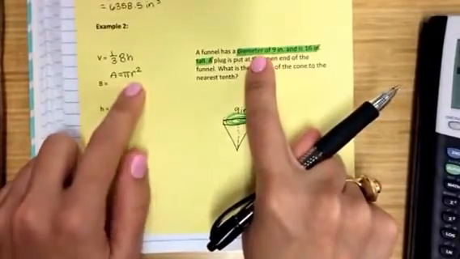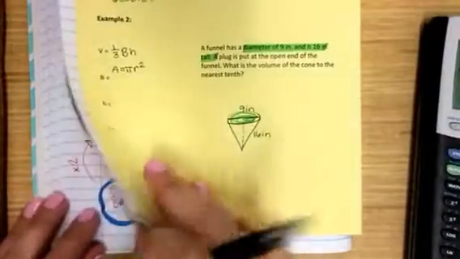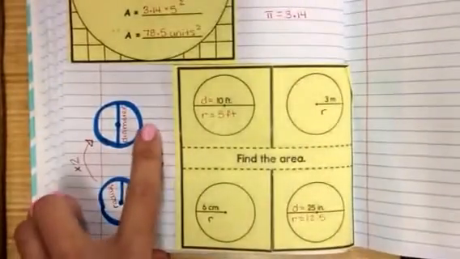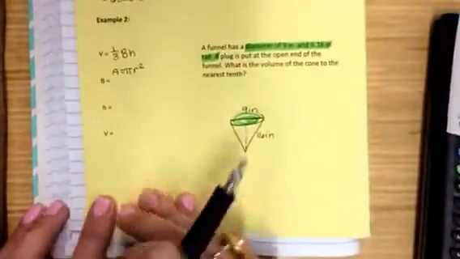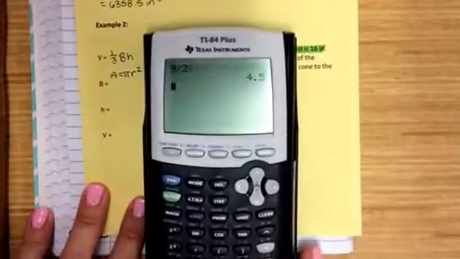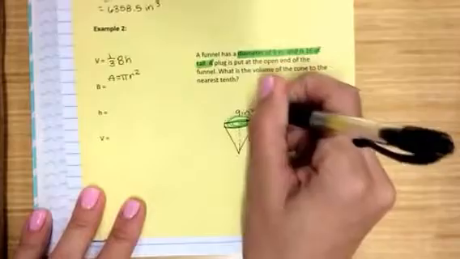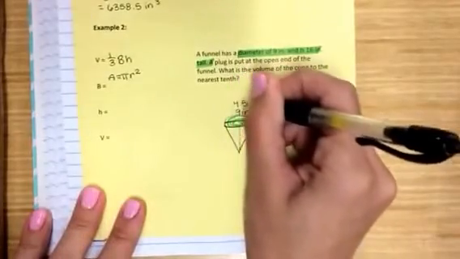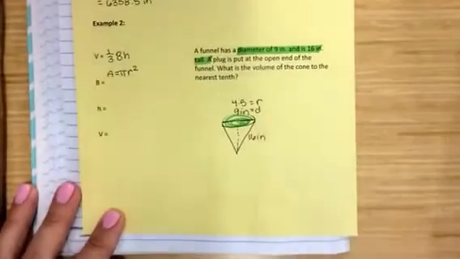They did not give me radius, so you cannot use that 9. So if you remember back to our other notes, if they give me diameter, you divide by 2 to get the radius. So you need to do 9 divided by 2, and it's 4.5. So this is the diameter, 4.5 is the radius. So make sure that you're writing that down so that I know that you went through that step.